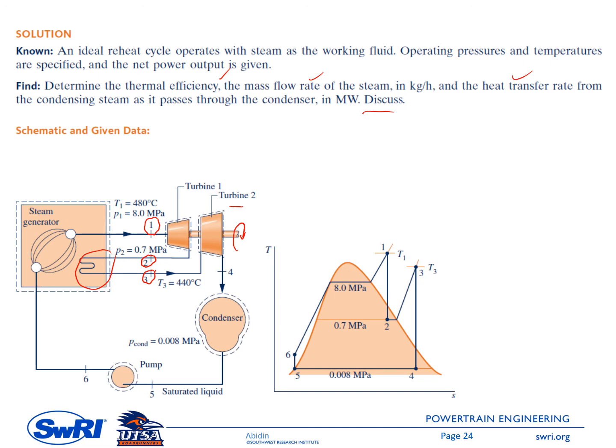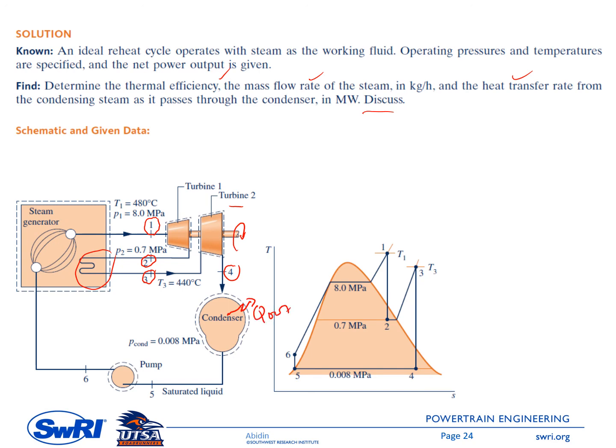And then at the exit of the second stage turbine, here is the state number 4. And then from number 4 here, the working fluid flows through the condenser. There will be a heat transfer out of the condensing working fluid. So let me make here, this will be the Q out. This is the question number 3.